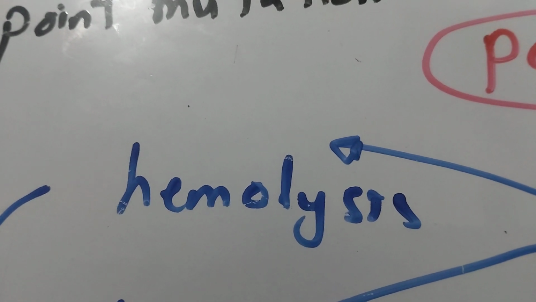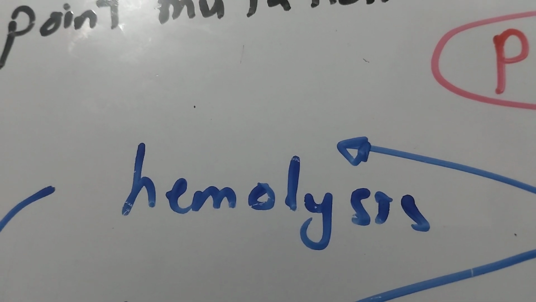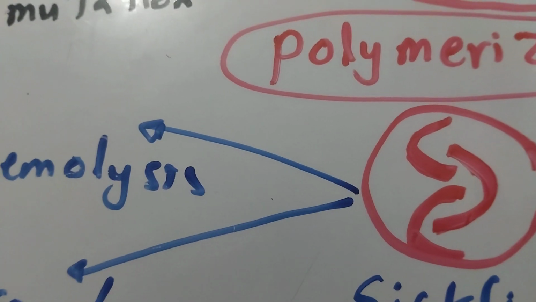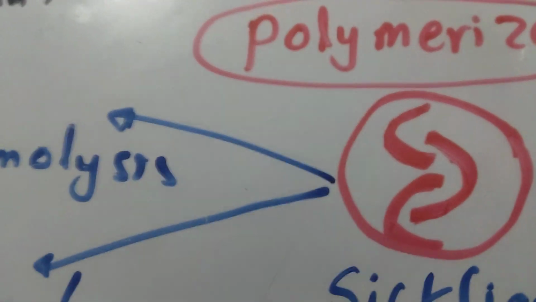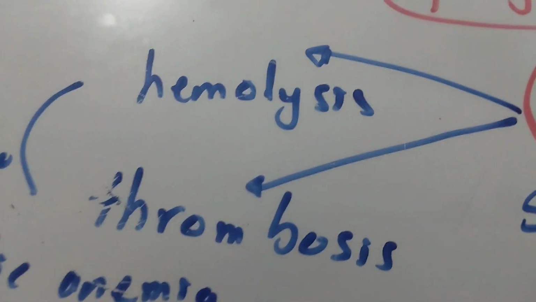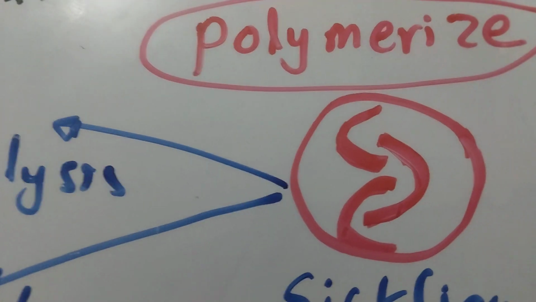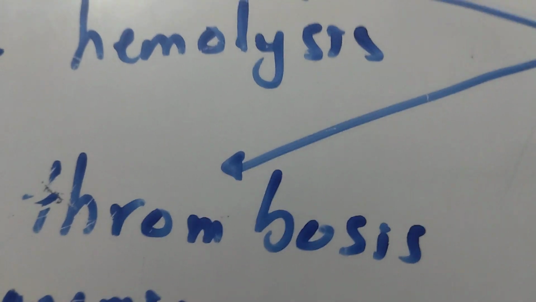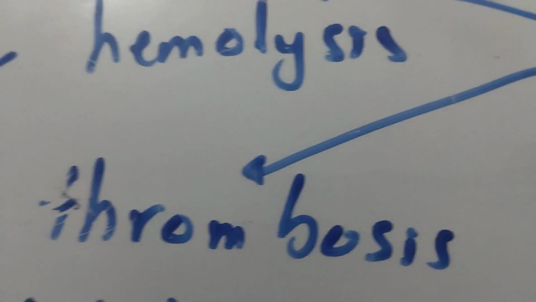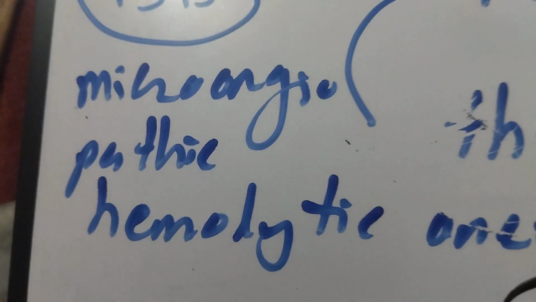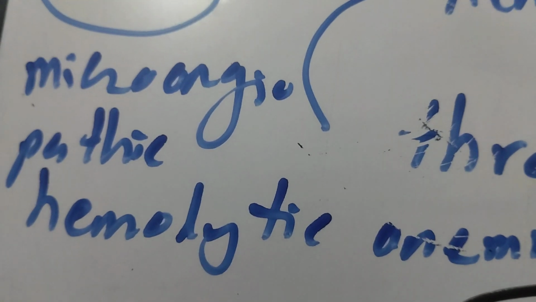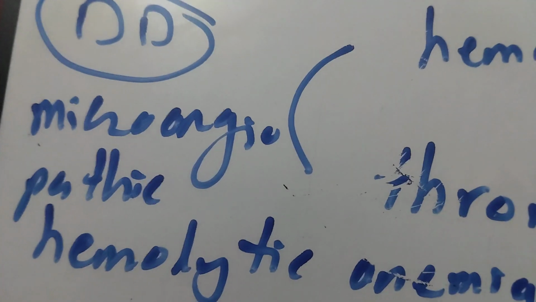This is a type of hemolytic anemia, where the lifespan of RBCs is shortened because they become of abnormal shape and the spleen detects them as abnormal. And this sickling of RBCs leads to formation of microthrombi within the platelets, and this is one of the microangiopathic hemolytic anemias. Differential diagnosis here is microangiopathic hemolytic anemia.